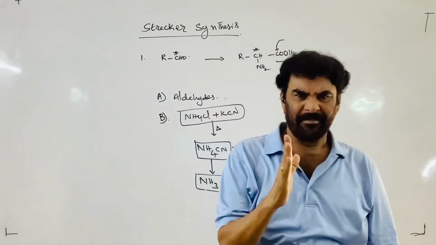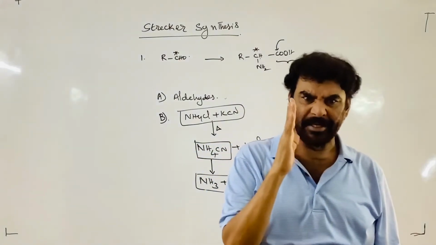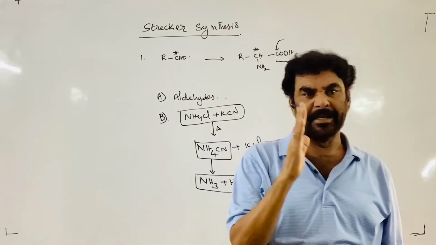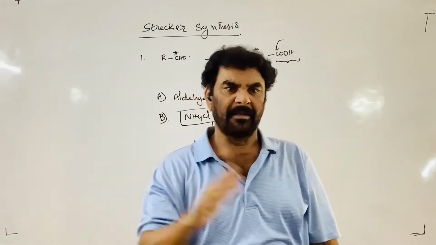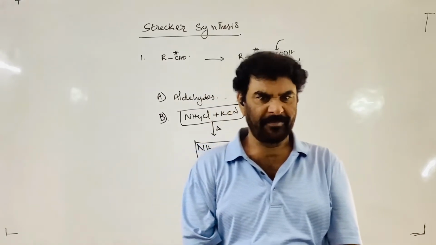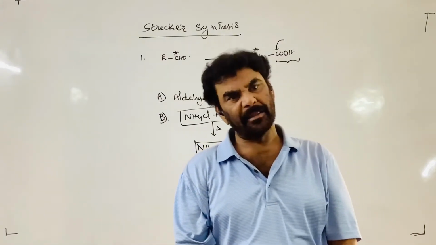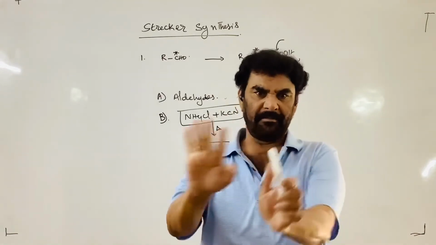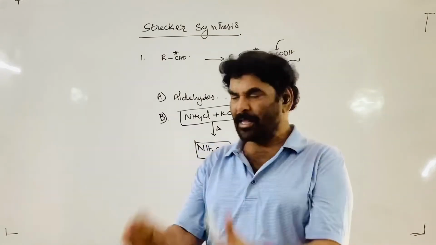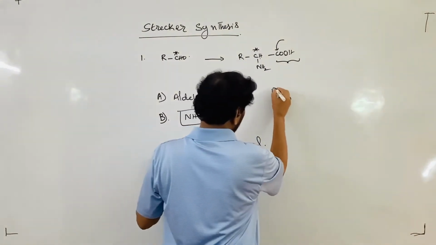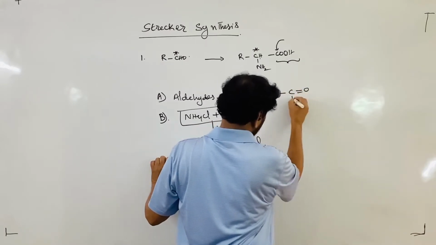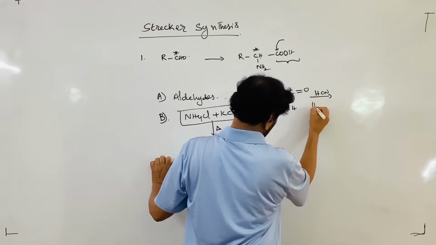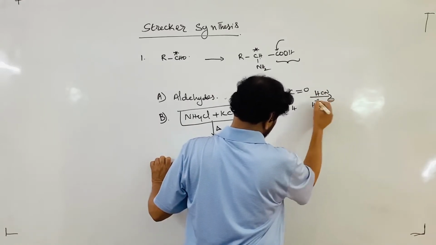In aldehydes and ketones we discussed their reactions. Aldehydes and ketones react with HCN by nucleophilic addition reaction. Addition of HCN takes place on the carbonyl carbon to give cyanohydrins. On treatment with HCN, H plus is the electrophile, cyanide ion is the nucleophile.